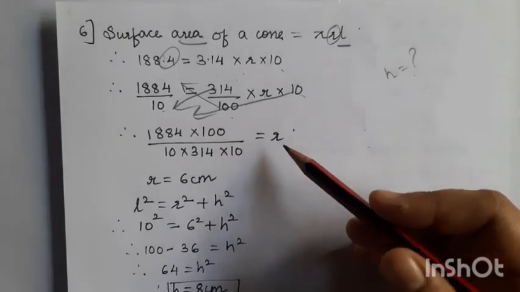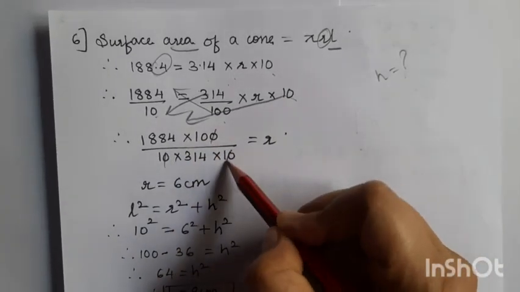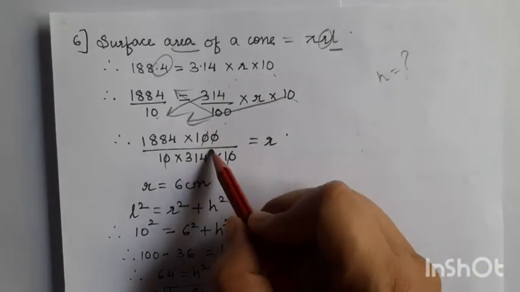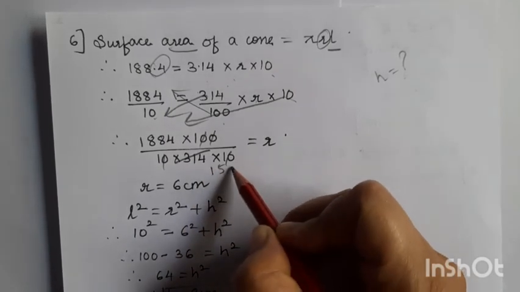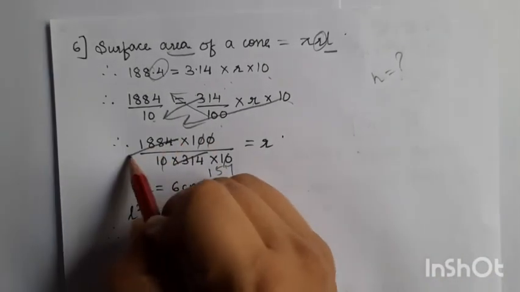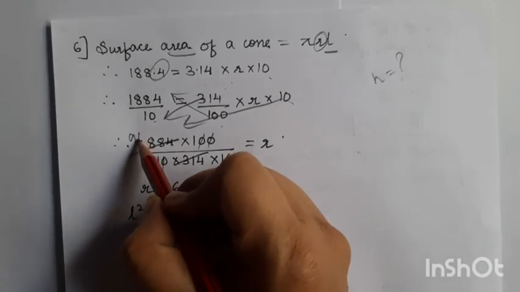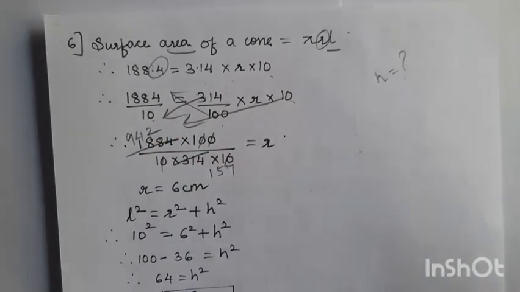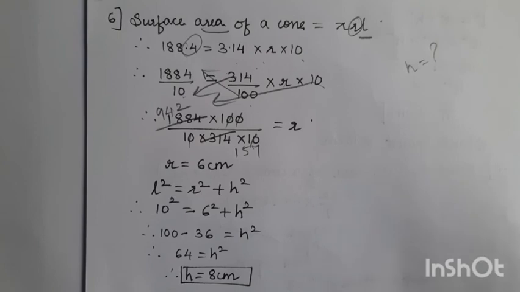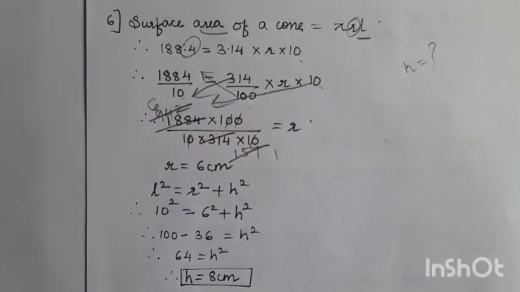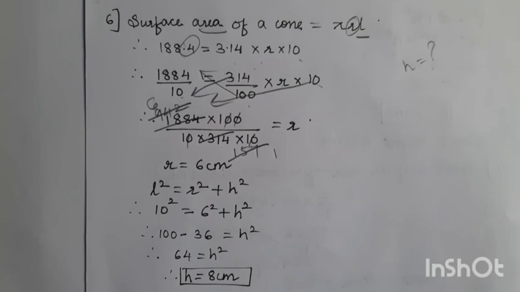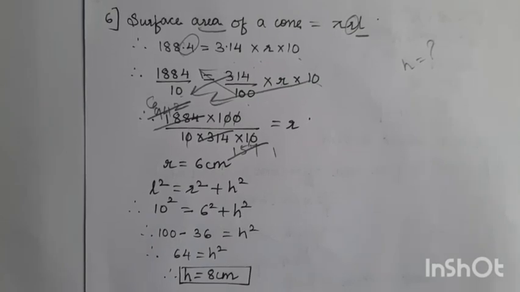So now let's cancel 0, 0, 0, 0. 2 ones are 2, 2 fives are 10, 2 sevens are 14, 2 nines are 18, 2 fours are 8, 2 twos are 4. Then 157 ones are 157, 157 sixes are. So you get r is equal to 6 centimeter.